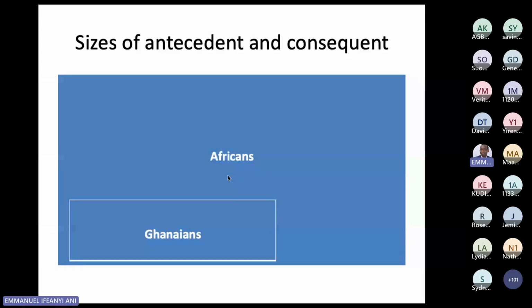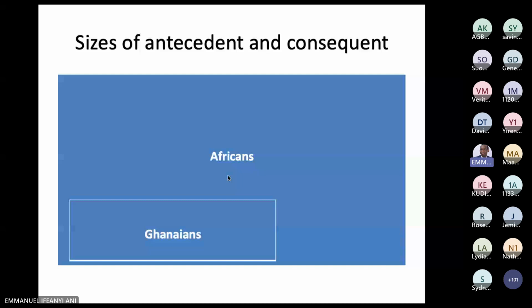Okay, so these are two boxes, the African box and the Ghanaian box. You can see that the Ghanaian box is small inside the African box. When you say all Ghanaians are Africans, you can see the Ghanaian box is inside there.